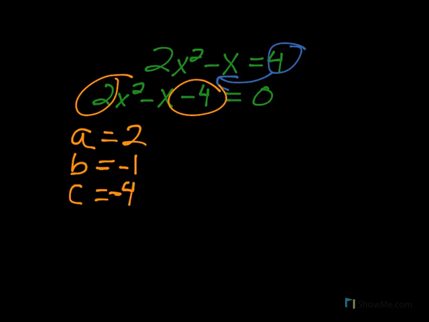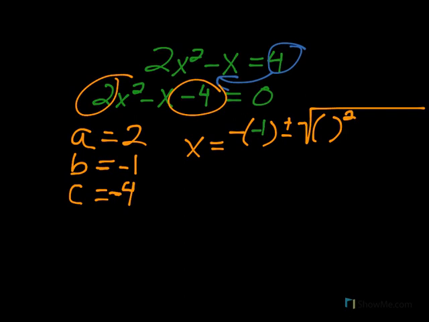Now we're going to plug this into our equation. X equals, the first thing is negative b, so minus, and I'm going to plug in b. What is b? B is, I'm sorry, negative 1, so negative 1, and then you have plus or minus the square root of b squared. What is b squared? We just said that b is negative 1, so I'm going to plug in negative 1.